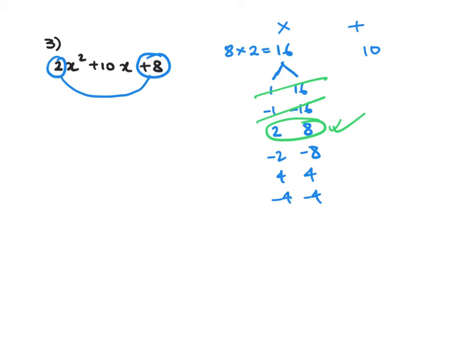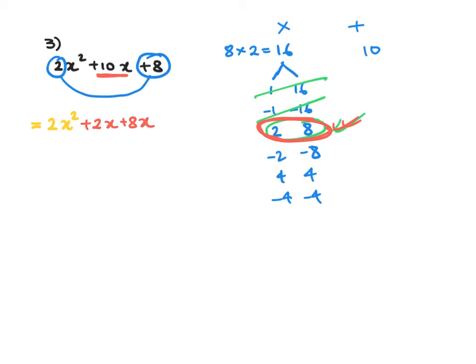Let's choose yellow. It's a nice color. Equal to. I'm going to copy 2x to the power of 2. And now, let's use red. Instead of 10x, I'm going to replace it with those two numbers that we picked. So 10x is going to be represented as 2x plus 8x, which is the same as 10x.